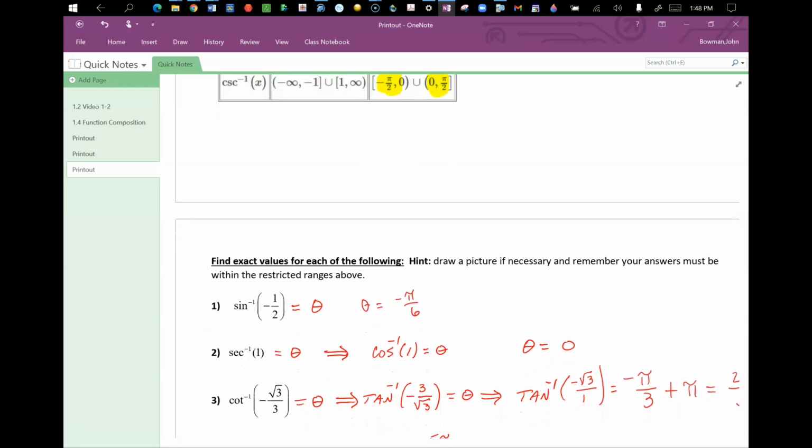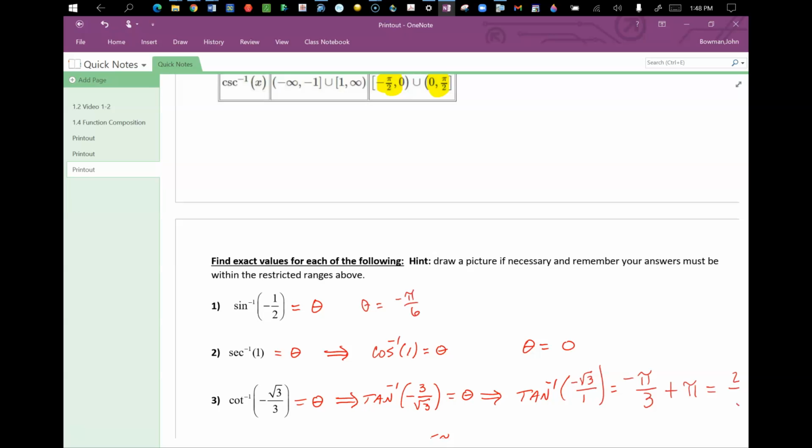In this next problem, we want to find an angle that has a cotangent of negative root 3 over 3. This one gets a little bit tricky because its restrictions are noticeably different than the inverse tangent. So if we use the inverse tangent, basically what we're saying is what angle has a tangent of the reciprocal of negative root 3 over 3, which is negative 3 over root 3. But then we have to keep in mind the restrictions on that.